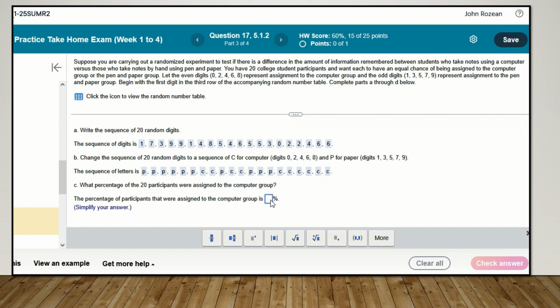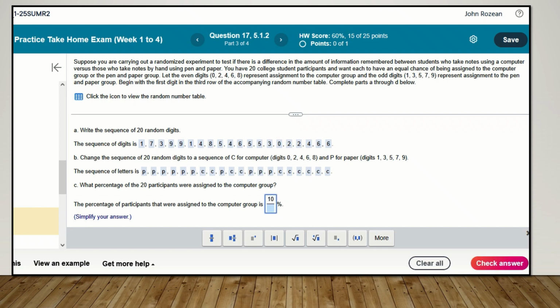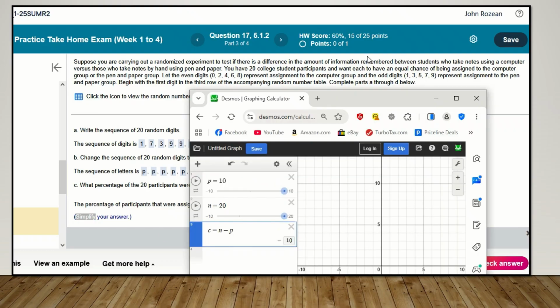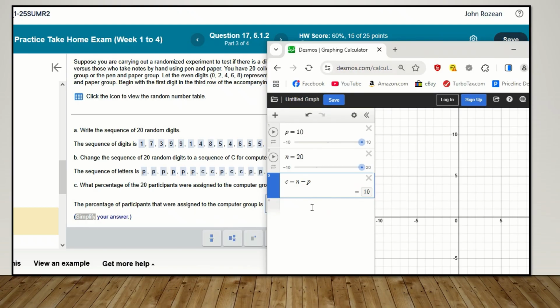So you say 10 out of 20, but notice this key. Simplify your answer. And that's a pretty easy one to do. But remember, StatCrunch will do something if you end up with something a little less old school, simplifiable.